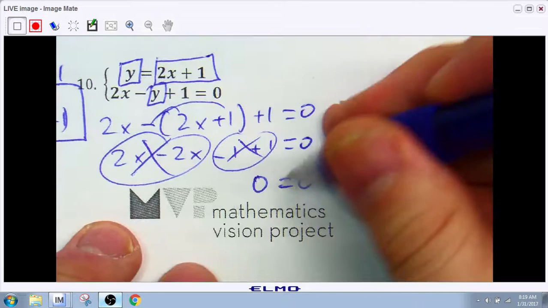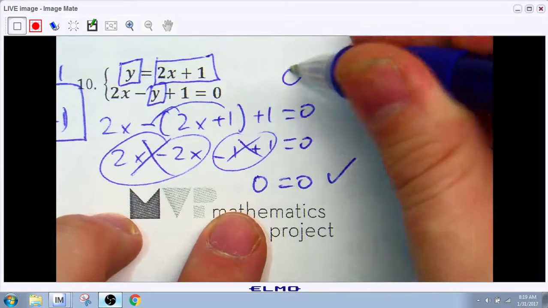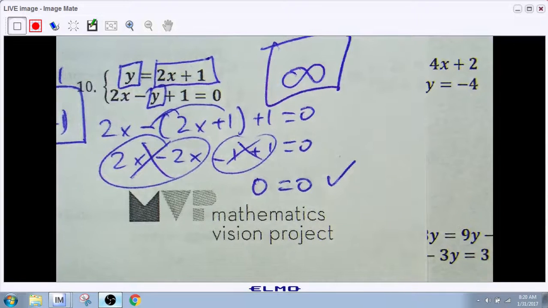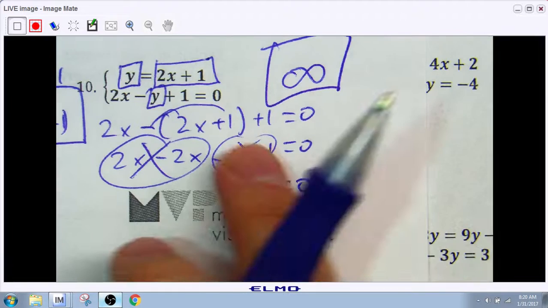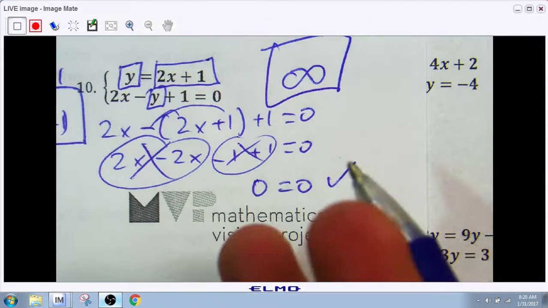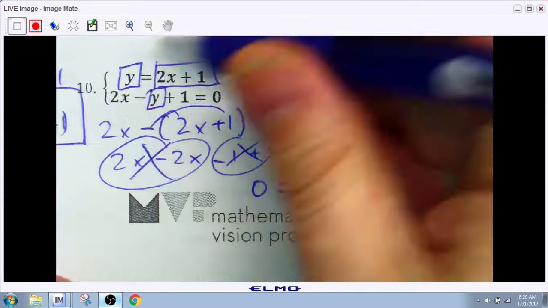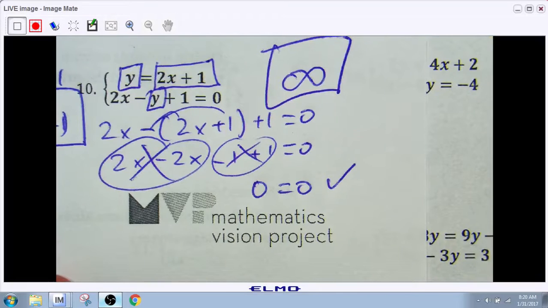What this tells me when it's true is that there's an infinite number of solutions, because no matter what value I choose for x, it's going to cause this to be 0 equals 0, which is a true statement. So any x value will work, which is kind of cool. I kind of like that. So that's one of those cases. Remember, if it's an infinite number, that means these two are actually the same line. And if we wanted to, we could manipulate it and prove that it was the same line.